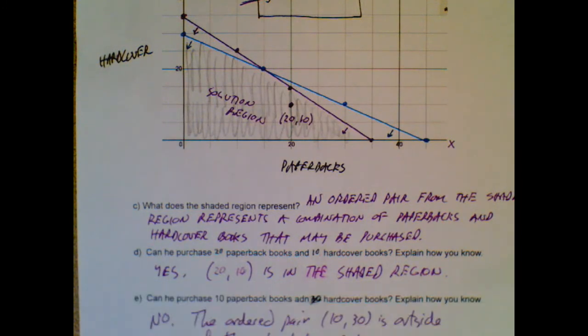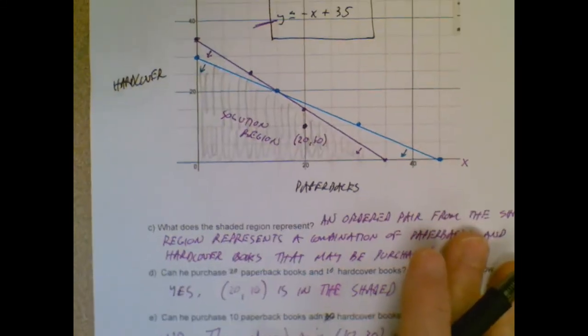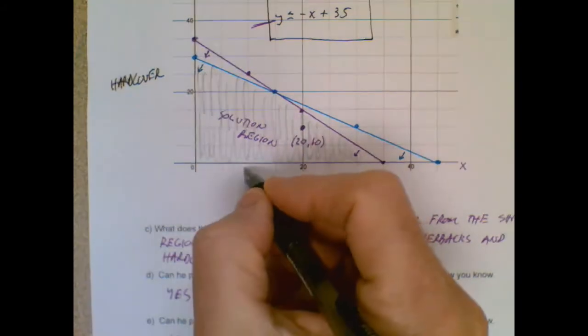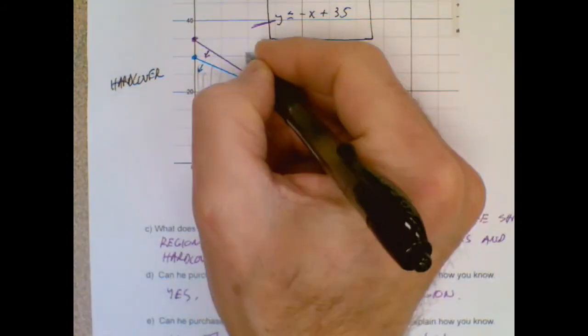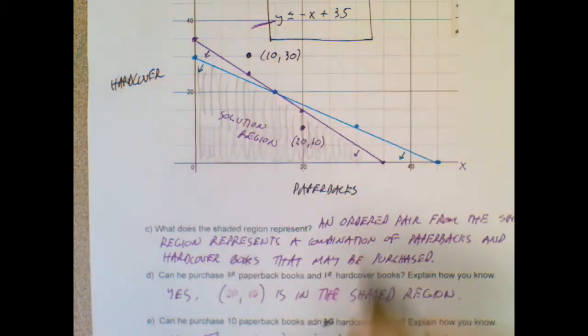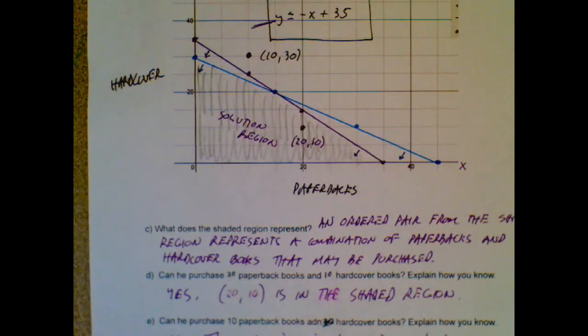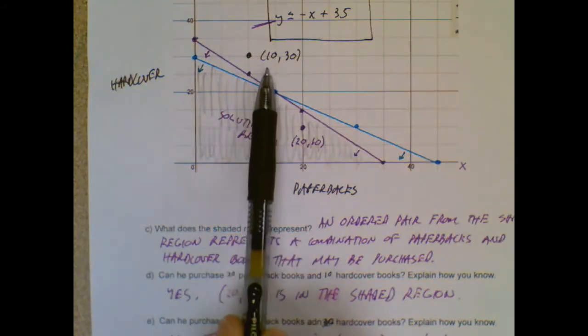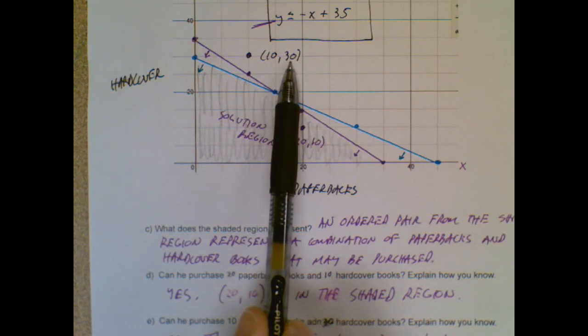But if I take a look at (10, 30), and let me adjust this so I can get (10, 30) in there. (10, 30) would be out here. Okay. (10, 30) represents purchasing 10 paperbacks and 30 hardcover books.